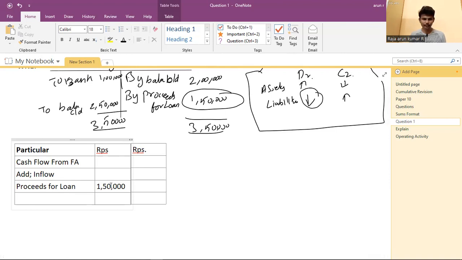Then less: repaid. How much did you repay? 1 lakh.